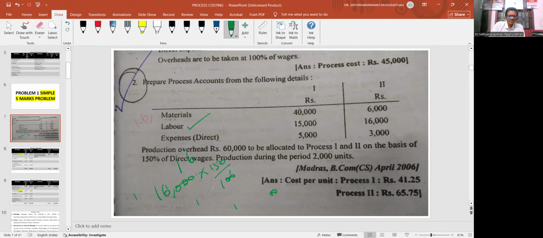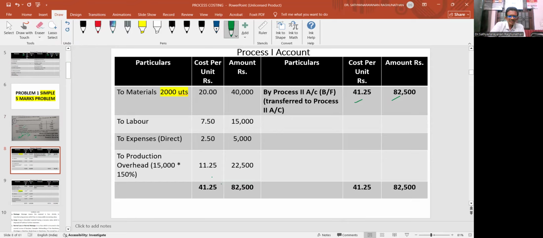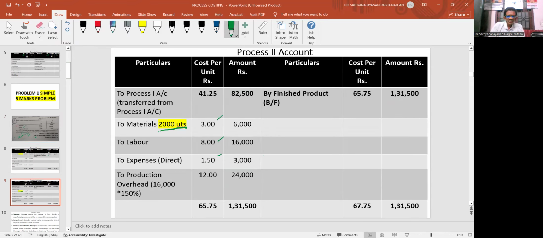That is how I have calculated here: 24,000. 24,000 divided by 2,000, 12. Okay. Now, you add all those cost per unit column.